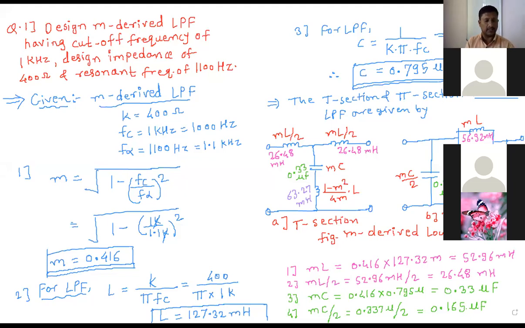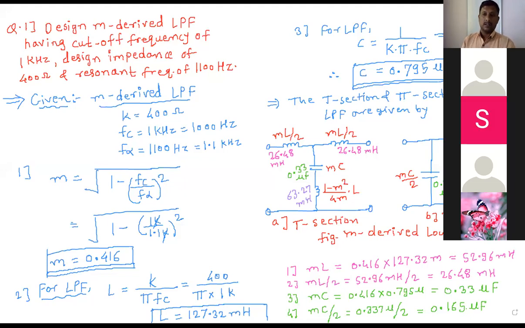Everyone is in a hurry for attendance. Sir, 0.712. 0.395, did you get 0.395? Yes, sir. That is correct. So it is 0.395 microfarad. That is the correct one.